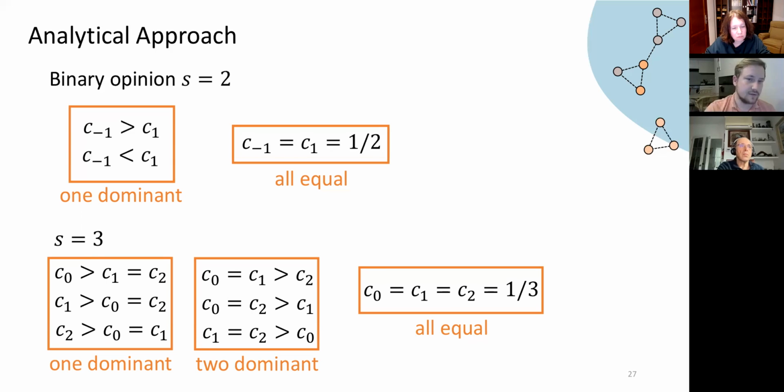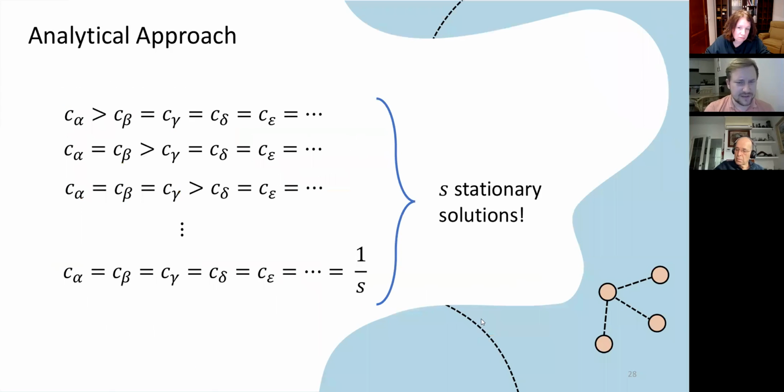So we can really easily, by induction or deduction, guess that we will have more stationary states if we have more states in the system. And we can write it easily because we will have S stationary solutions basically. And one of the stationary solutions will be the situation in which all opinions are populated equally.